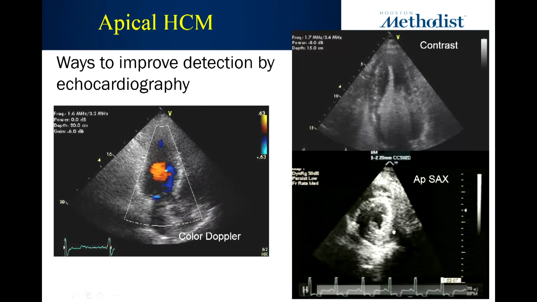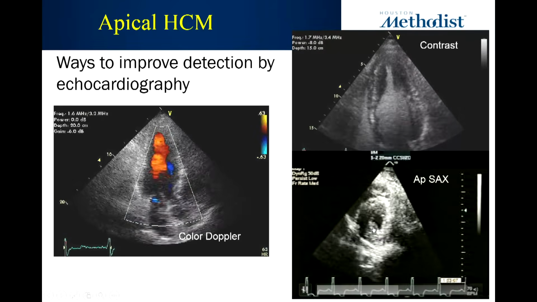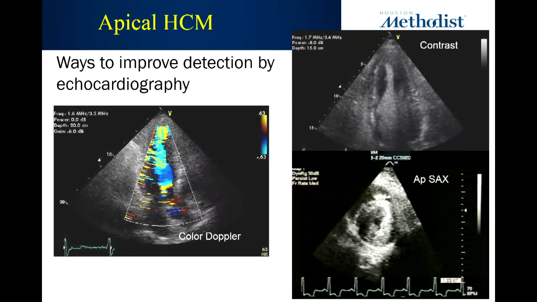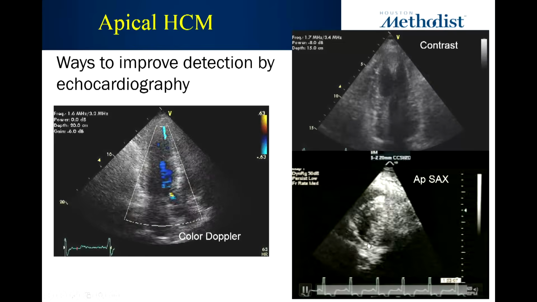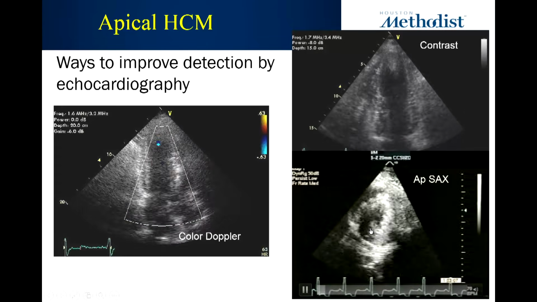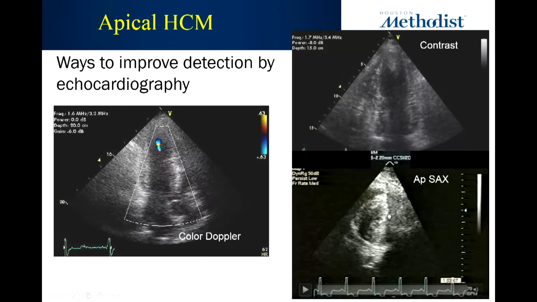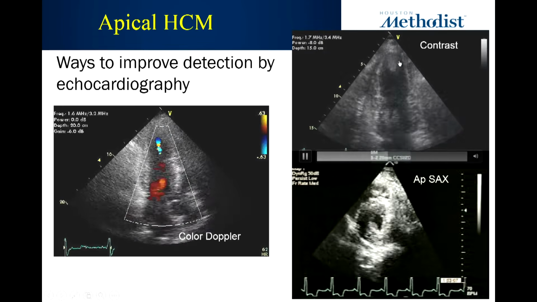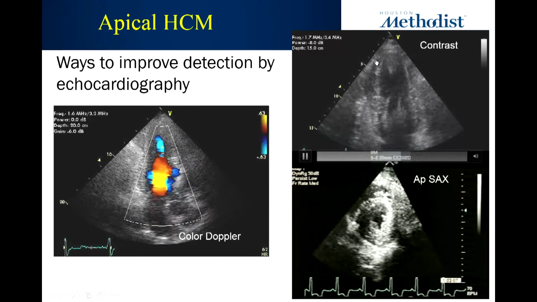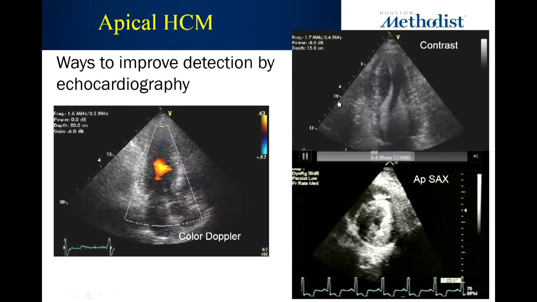However, a good short axis at the apex, most of the time, will show it. So sonographers, when you do your short axis, try to get down to the apex almost routinely. If you cannot see it well, grab your contrast bottle and put some contrast.